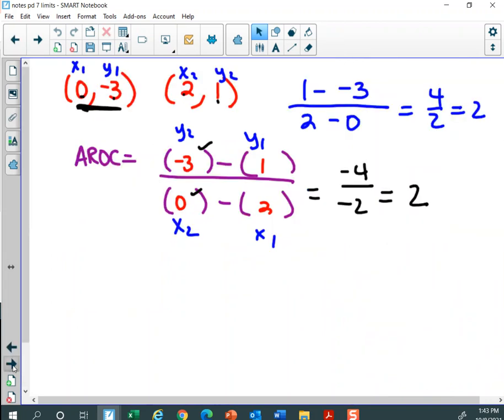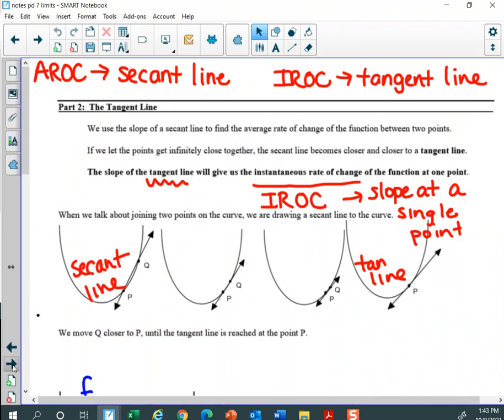Then we went through the whole big thing about instantaneous rate of change, or derivative, or slope of a tangent line, that we wanted to be able to calculate. That calculus was created around, one of the ideas was to find rate of change at a single point, slope at a single point.